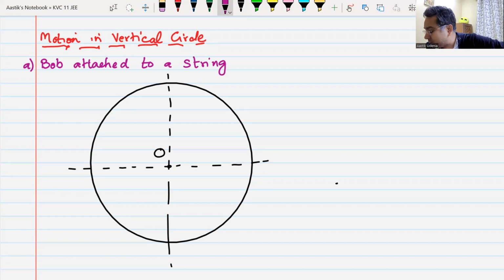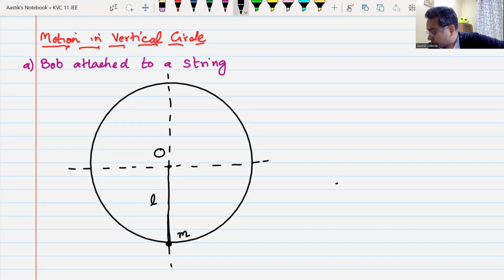Now, how does this motion go about? We will have one string of, let us say, length L, and a bob of mass M attached to it.